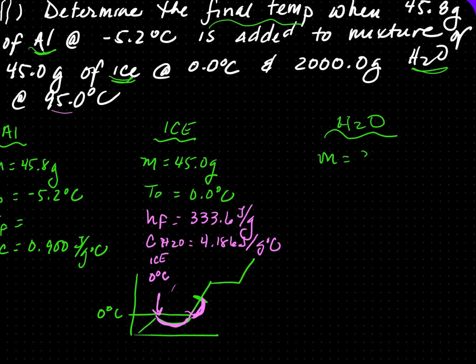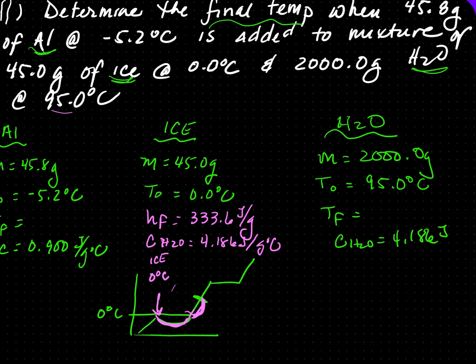The mass of the water is 2,000 grams. My T initial is 95 degrees Celsius. My T final, I don't know. Since it's still in the liquid state, C of H2O is going to be 4.186 joules per gram degrees Celsius.